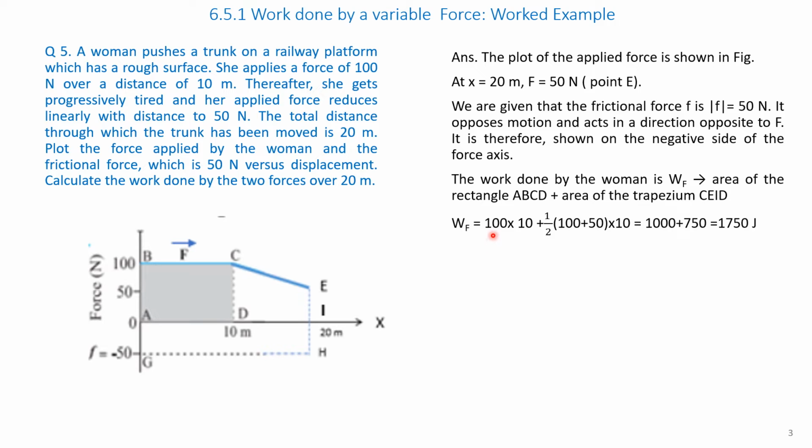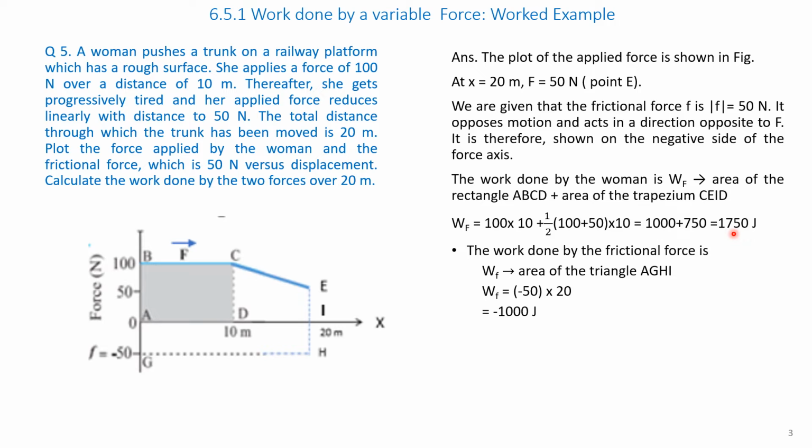Area of rectangle is 100 into 10, plus area of trapezium is half into sum of parallel sides, 100 plus 50, into 10. Simplifying, 100 into 10 is 1000, plus half into 150 into 10 is 750. So the total is 1750 joules.